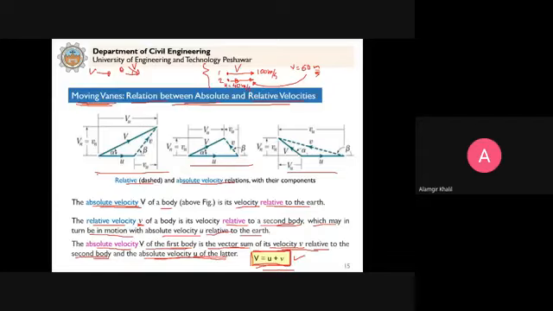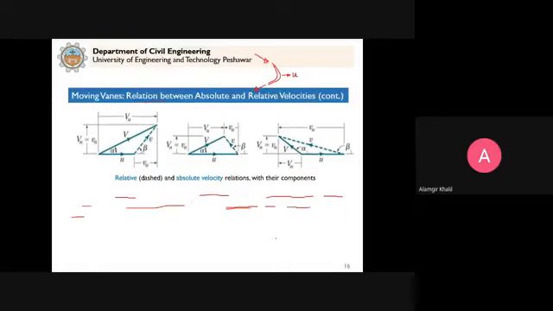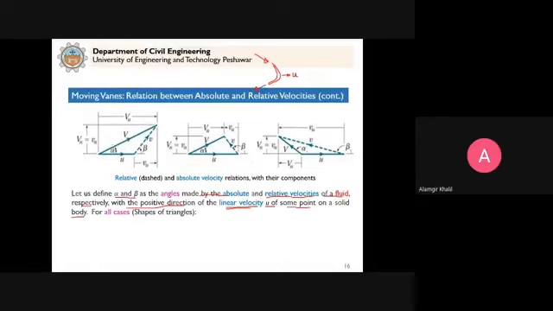So now, if we have this situation, what will be the relationship between the velocities for the xy directions? This is what we want to calculate. Let us define that alpha is the angle related to the absolute velocity of the first body. The second body, which is a vane or blade, has only a linear velocity u, not making any angle.